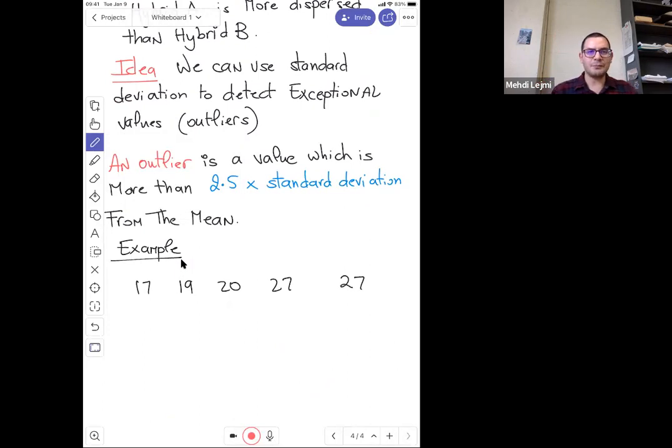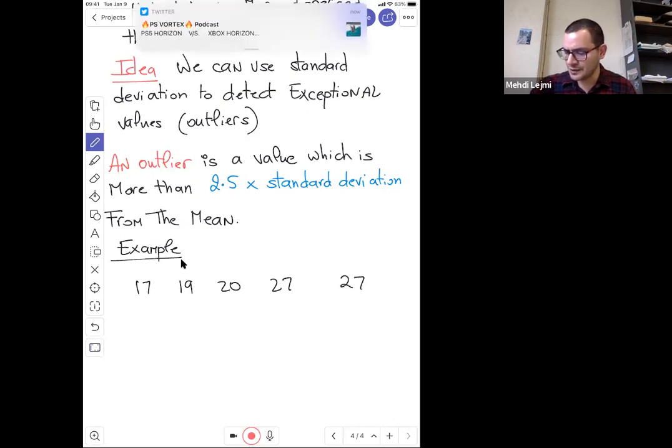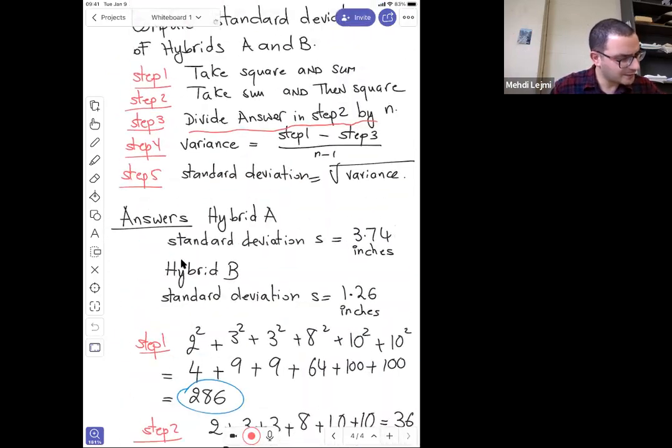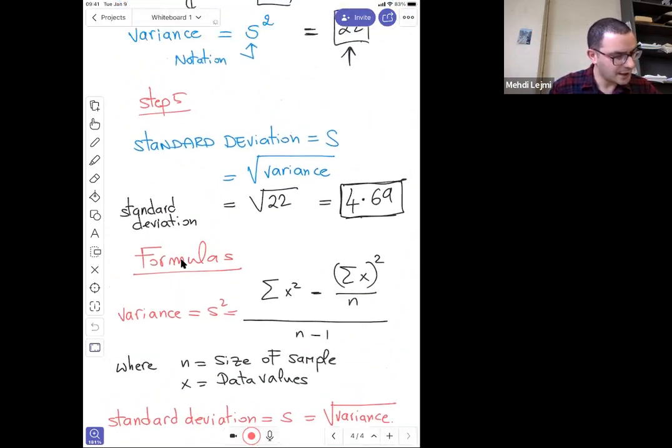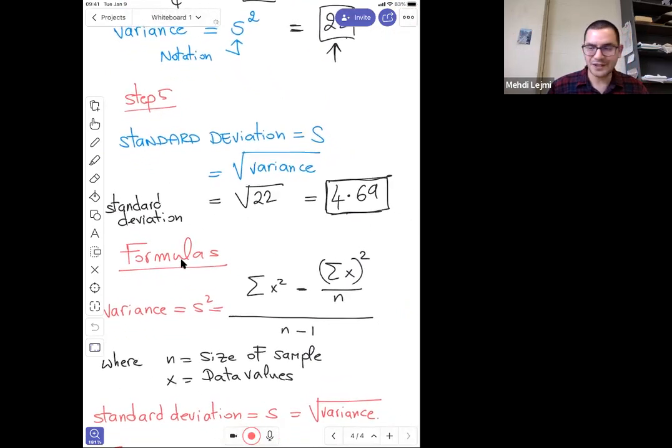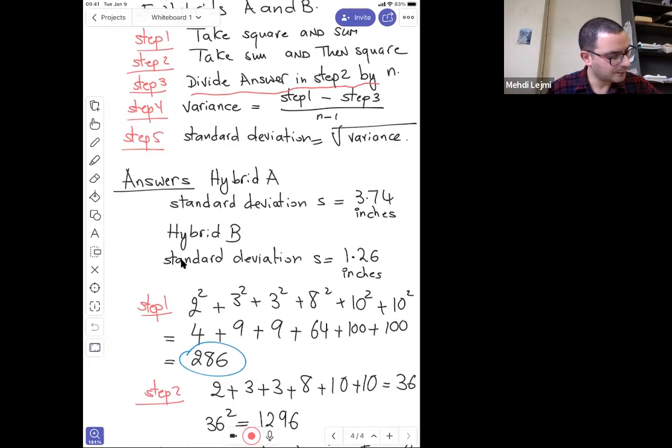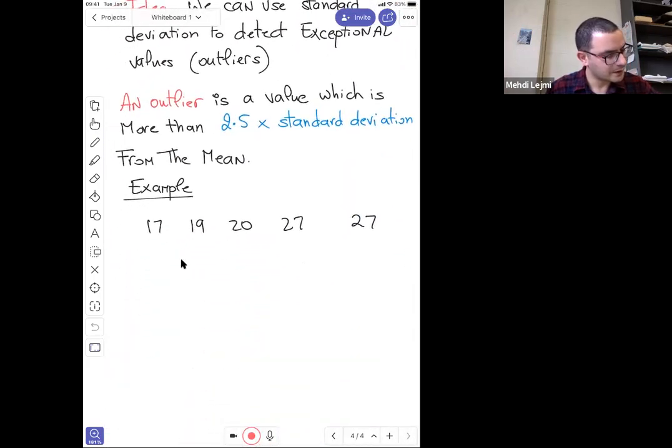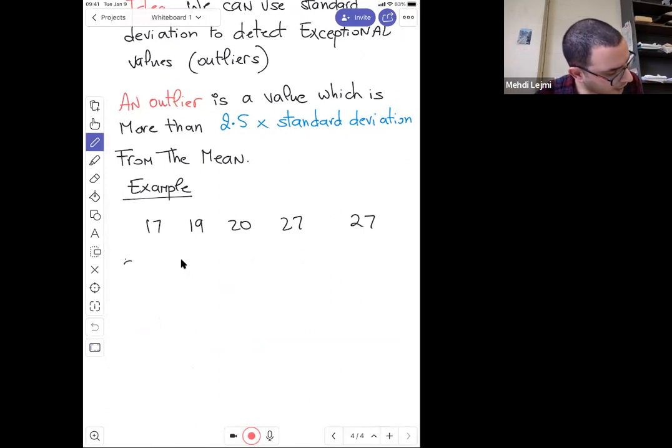This is the first example I used to compute the standard deviation. And the standard deviation of this example, S, is 4.69.